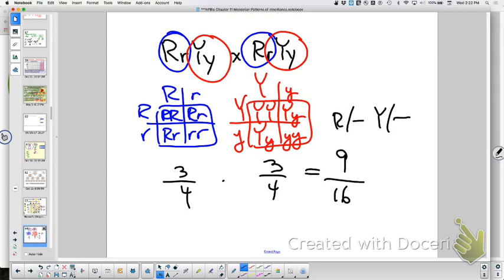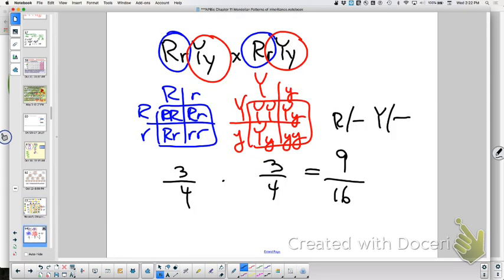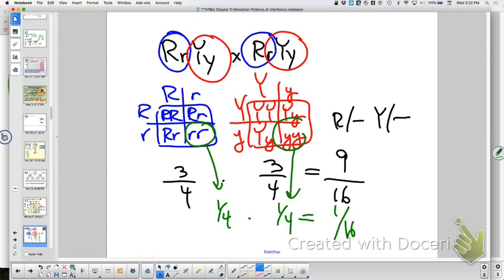How many squares do we have over here? 16. How many of them are round and yellow? 9. How many were recessive? Little r, little r, little y, little y. 1/4. 1/4. 1 times 1 is 1. 4 times 4 is 16. See how I did that?